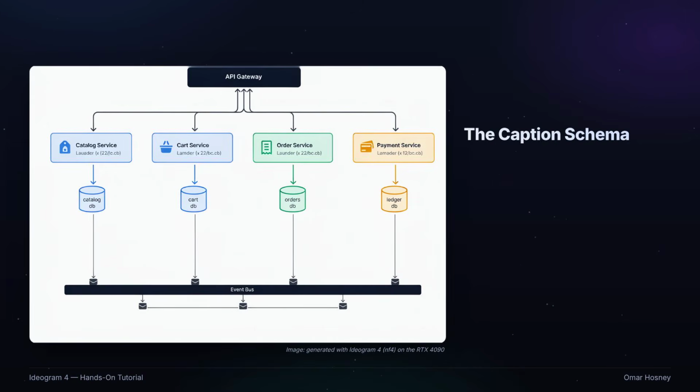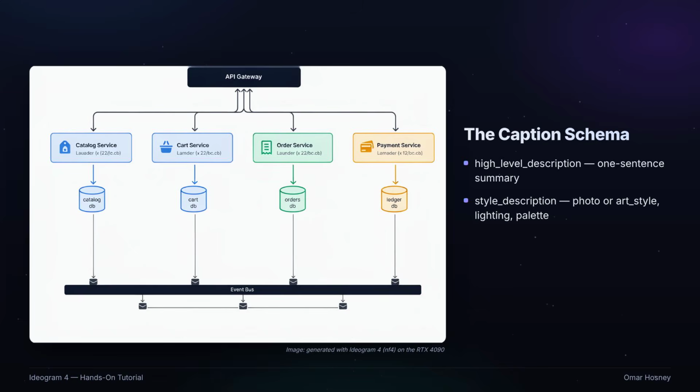The schema has 3 top-level parts. High-level description is a single sentence summarizing the image. Style description carries the aesthetics, lighting, medium, an optional list of exact hex colors, and exclusively one of a photo field for photographic work or an art style field for everything else.